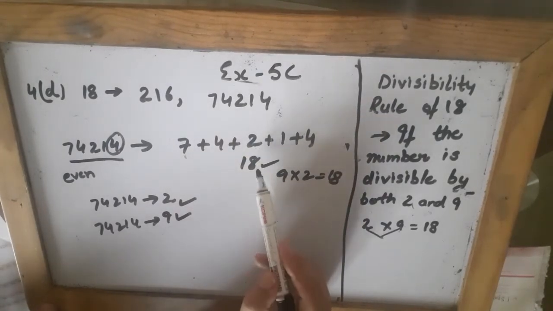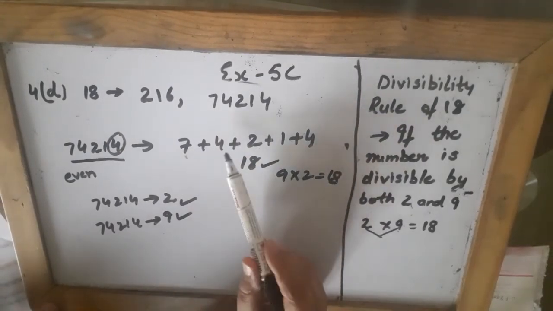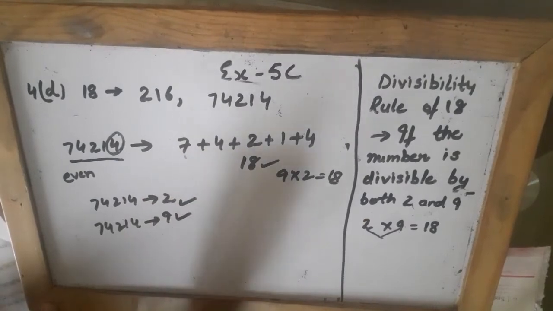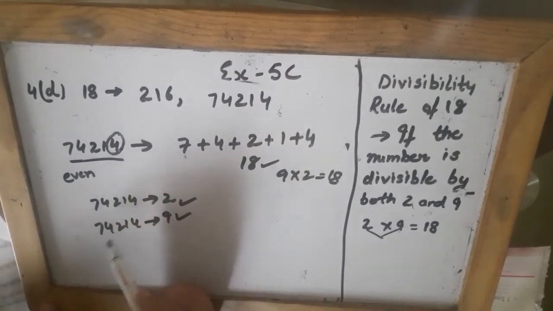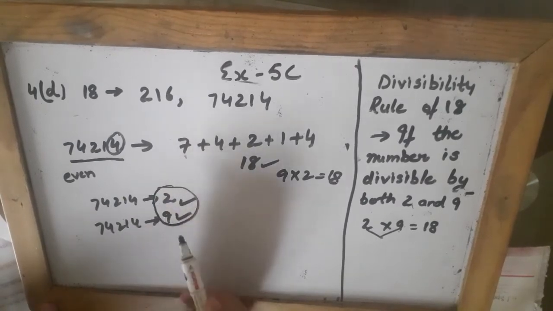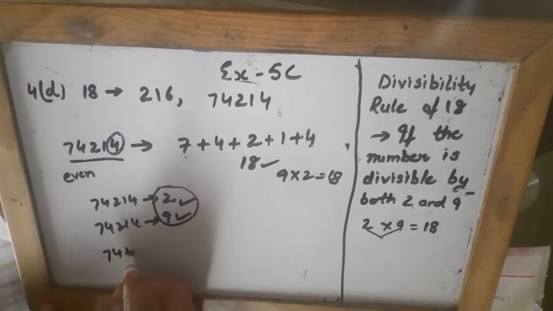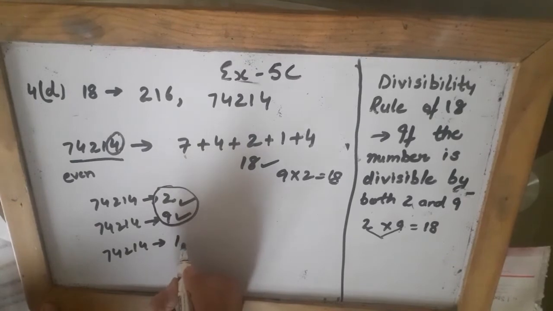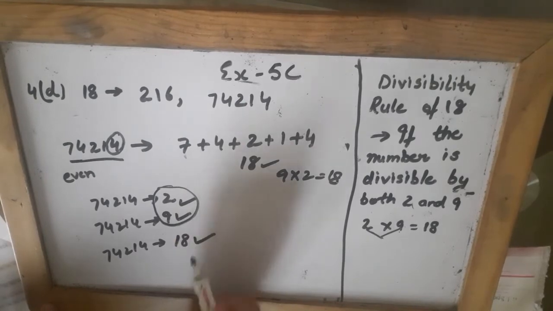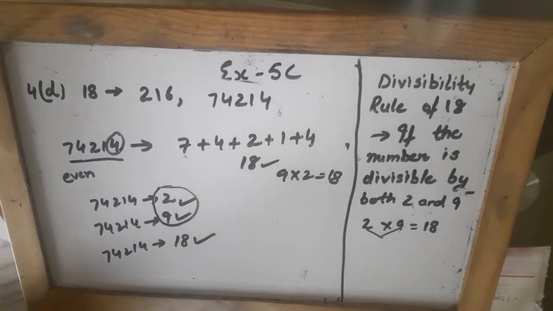So now both the numbers are divisible by both 2 and 9. So it means that 74214 will be divisible by 18 also, because it is divisible by both 2 and 9.